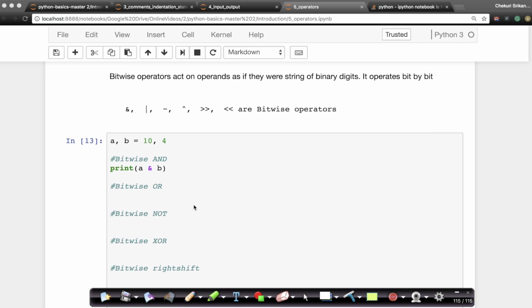Let's go and understand. So A equals to 10, B equals to 4. How is 10 represented in binary representation? 10 is basically, you can write it as 2 power 3 plus 2 power 1, right? So this is 8 and this is 2, so that's 10. So this is 2 power 0, 2 power 1, 2 power 2, and 2 power 3, right?